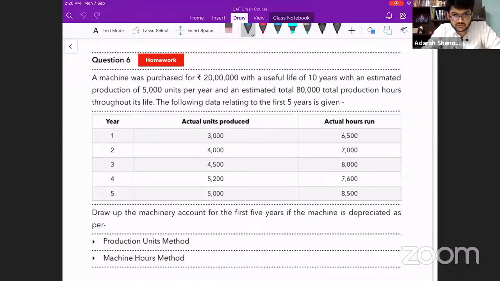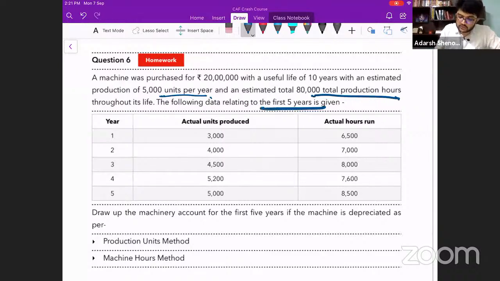We should not multiply this with 10. They have clearly given an estimated total 80,000 production hours throughout its life. They have not given per year for production hours. Only for units they had given per year, so we should not multiply with 10.